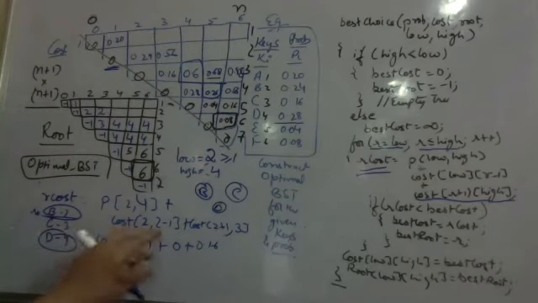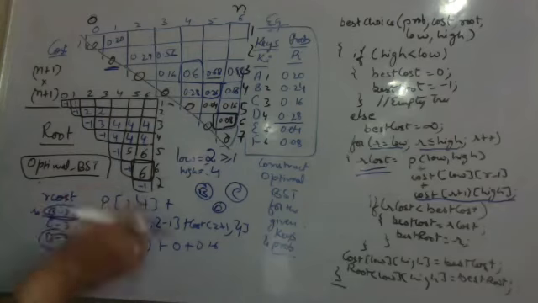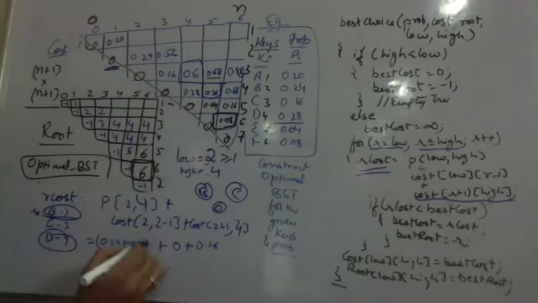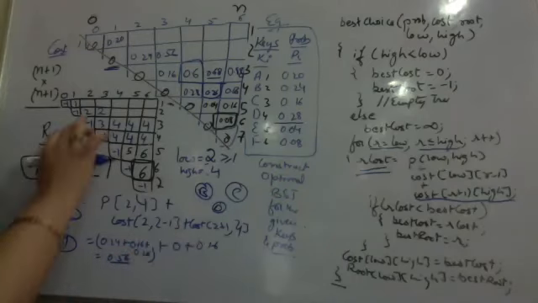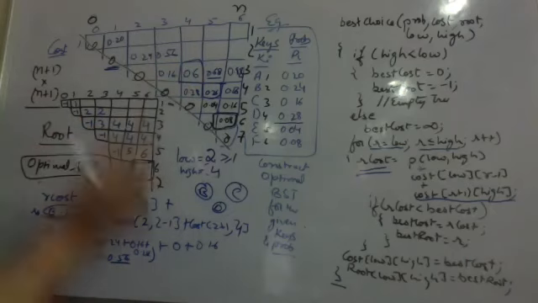We are first calculating for the same root, which is 2. If B is the root, then the probability here will be plus the probability of 4, which comes out to be 0.28. Here it is again 0, and here 3 comma 4. 3 comma 4 is 0.6, not 0.16, 0.6.